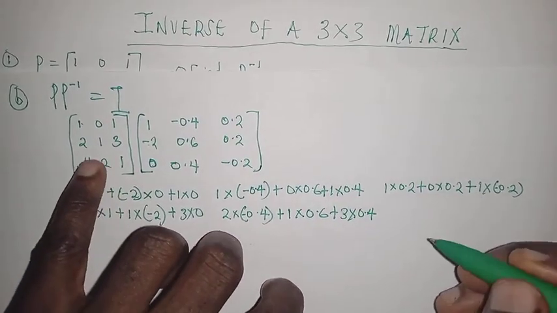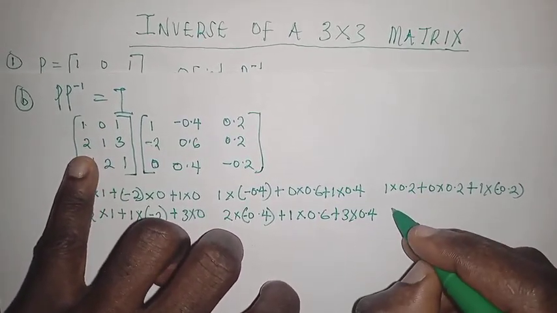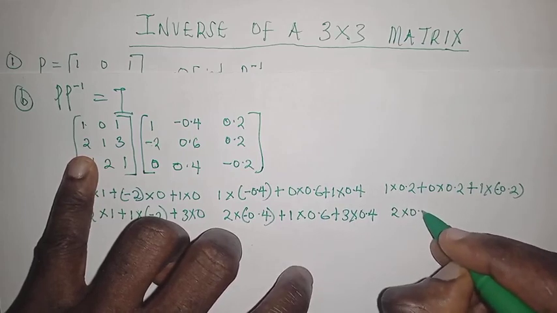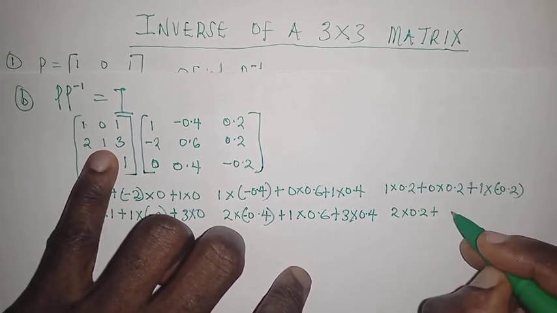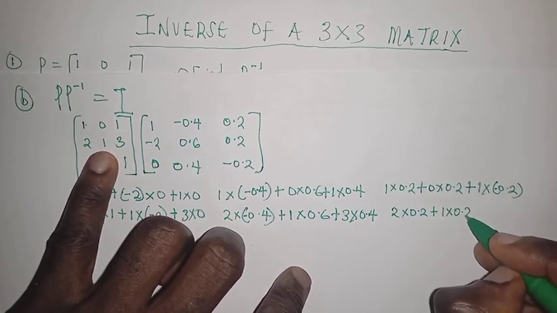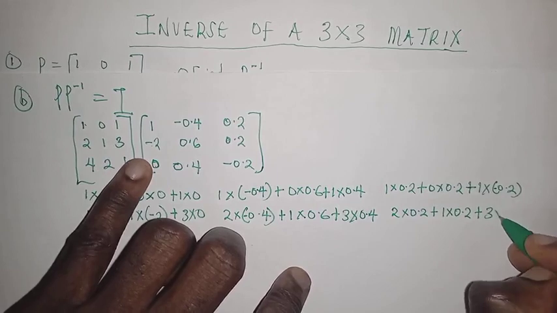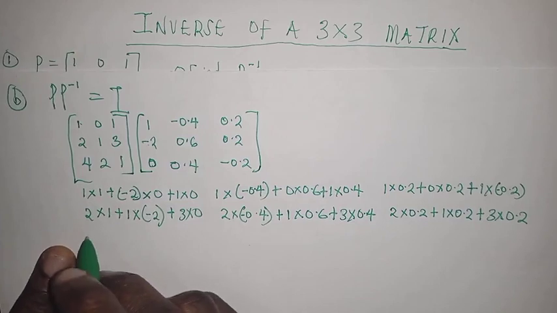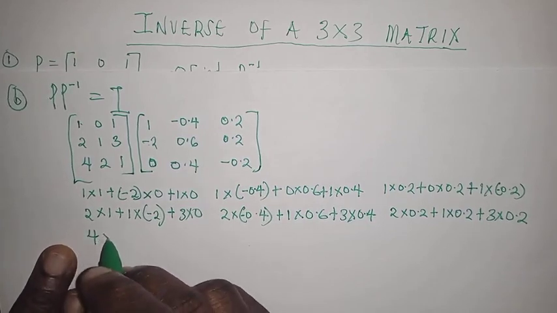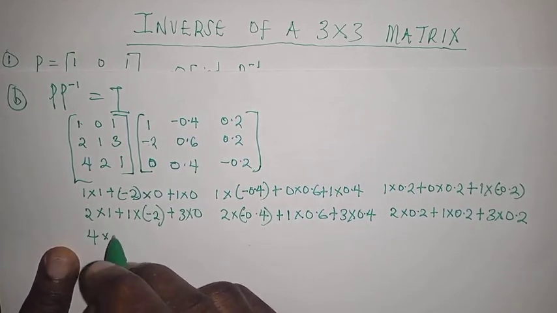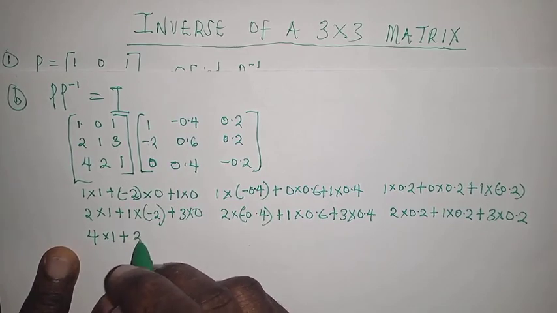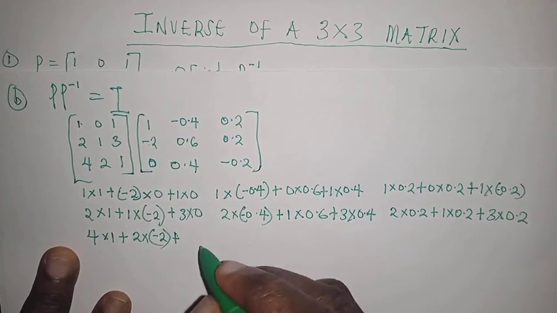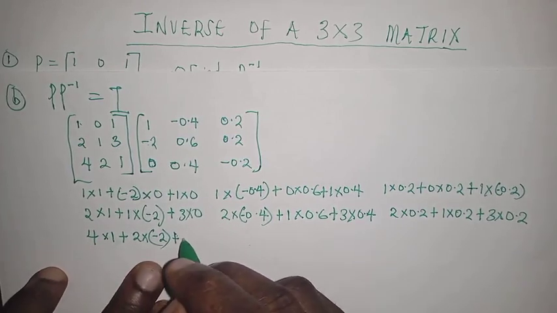Then we also have, for the other column, 2 times 0.2 plus 1 times 0.2 plus 3 times minus 0.2. Also, we have 4 times 1 plus 2 times minus 2 plus 1 times 0.